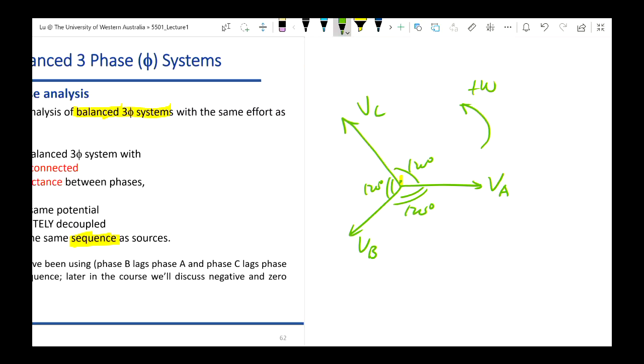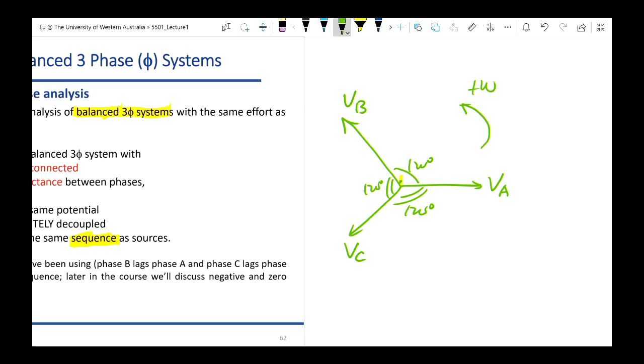Another case may happen in the real world. The vectors remain the same, but VA is the reference one. The next one, which is 120 degrees lagging A, is C, and the next one is B. Now, these three AC vectors are also rotating in the plane here.